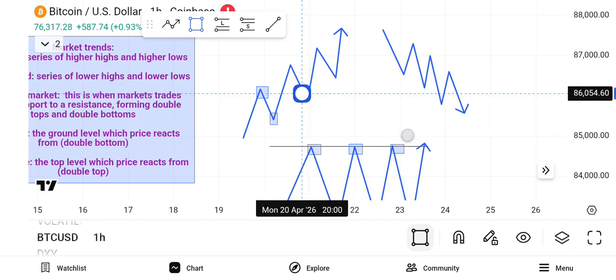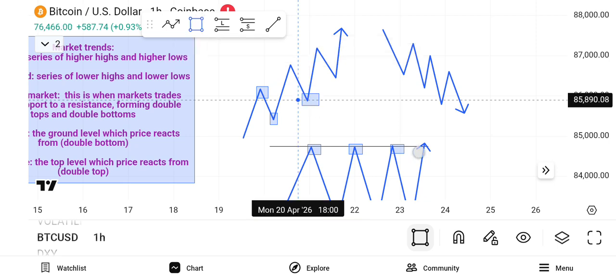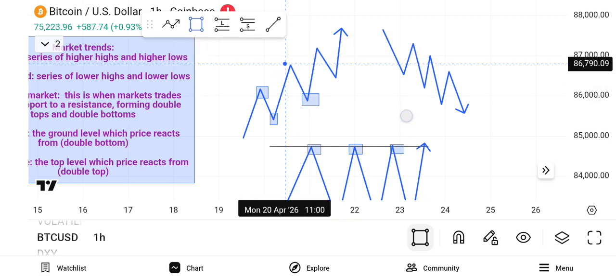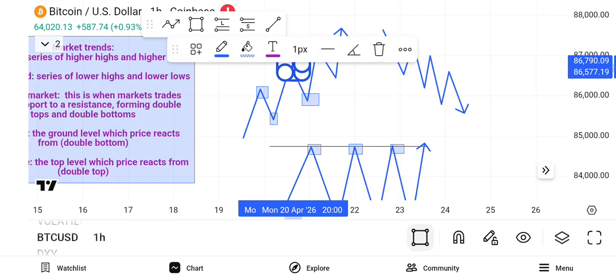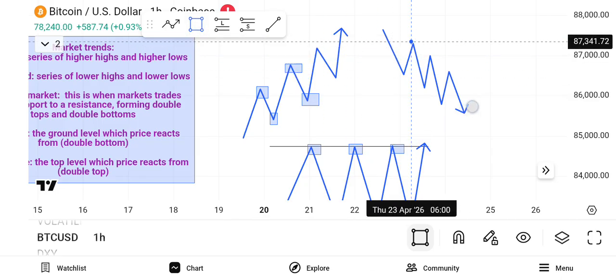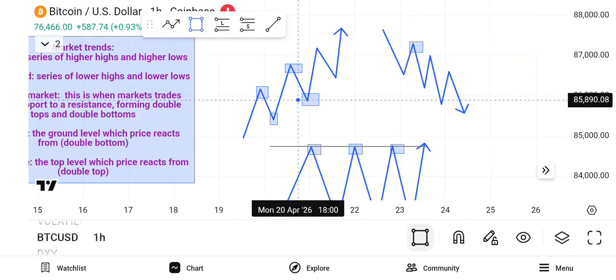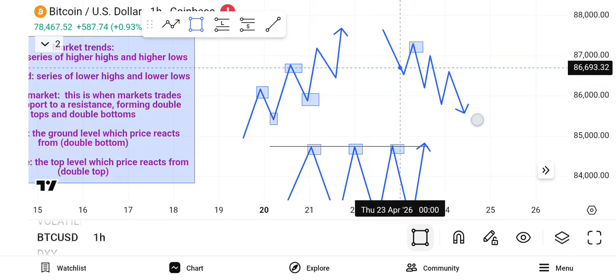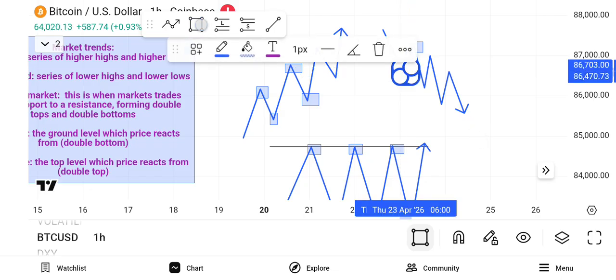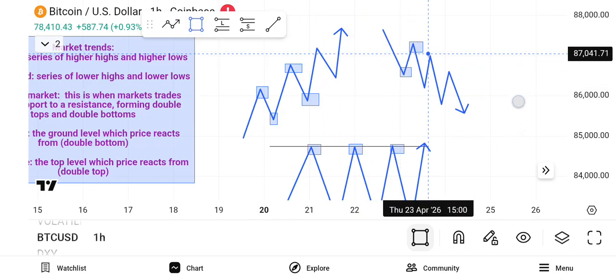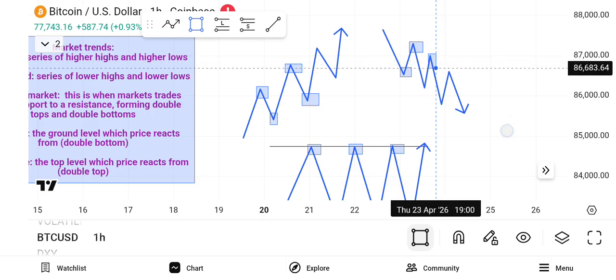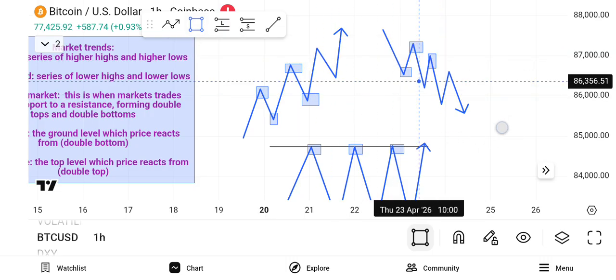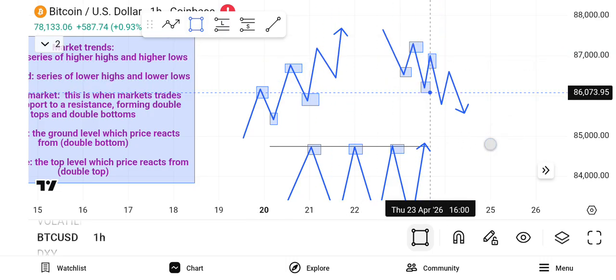You can see right here. When you come here, you have lower highs and lower lows. These are the basic characteristics of an uptrend, a downtrend, and a ranging market.